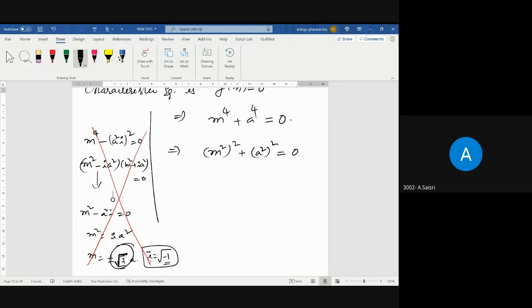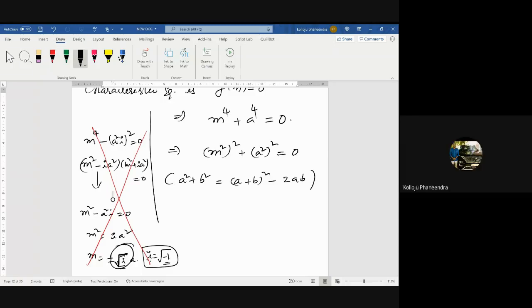Sir, Sai Sri. Sai Sri. (M square) plus (a square) whole square, right? We have this a square plus b square formula. What is that? A square plus b square is (a plus b) whole square minus 2ab, correct? Is it correct?